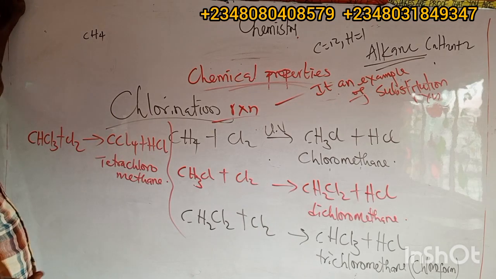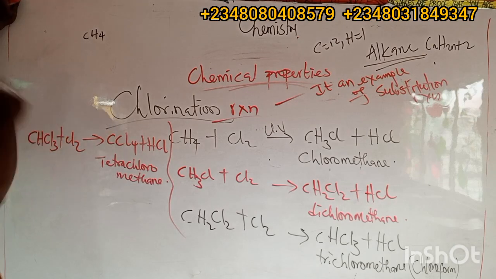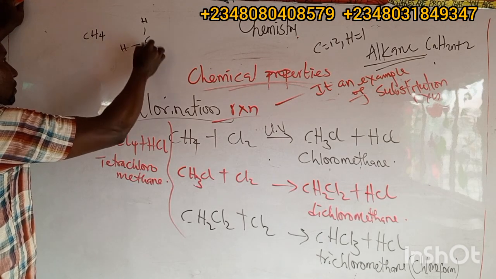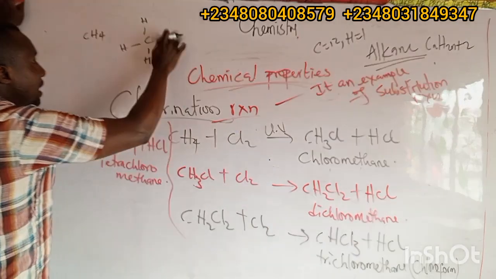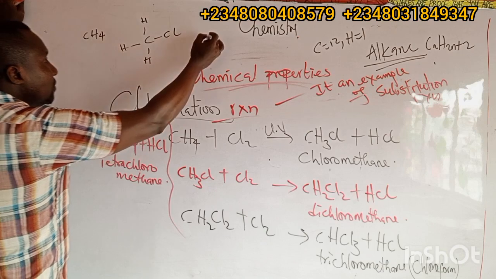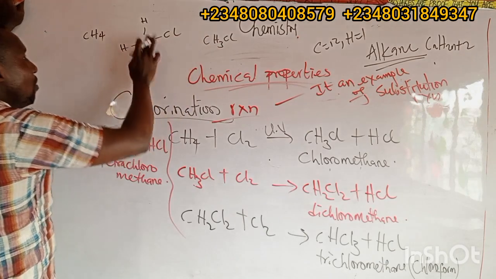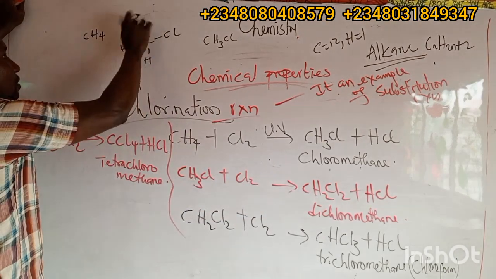I explained everything in the simple way. We have seen we have 4 hydrogens. The first one means replace one hydrogen with Cl, and we have CH3Cl. The second one, replace another hydrogen with Cl.